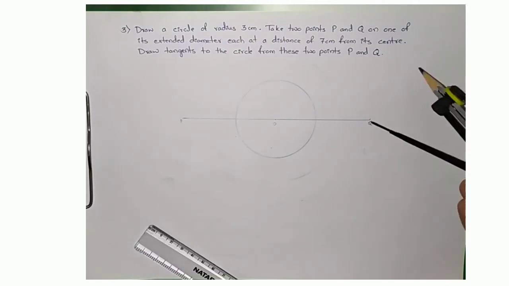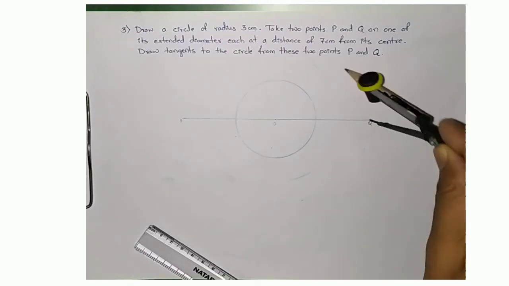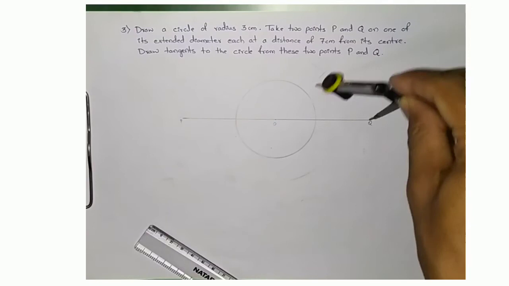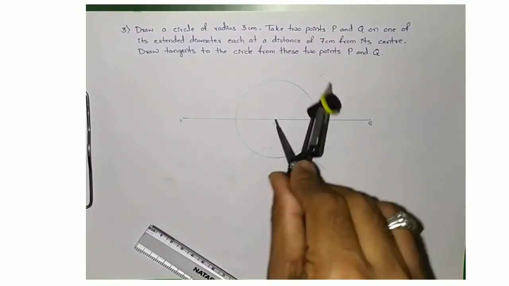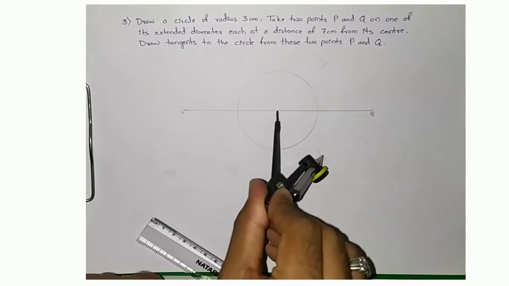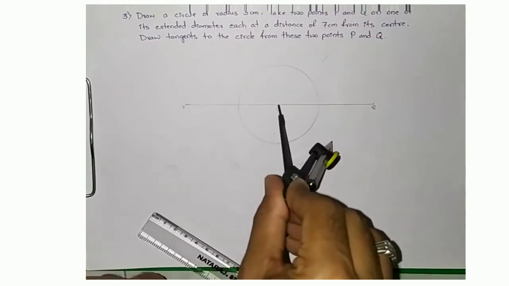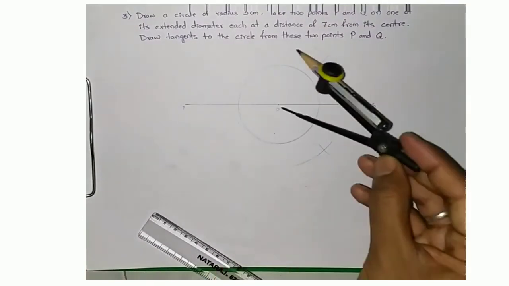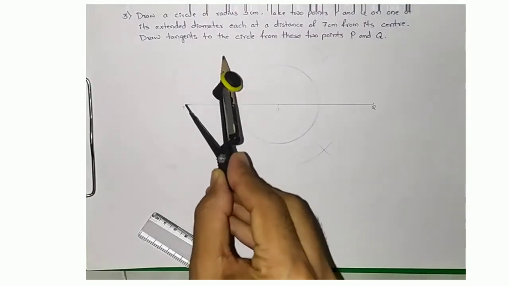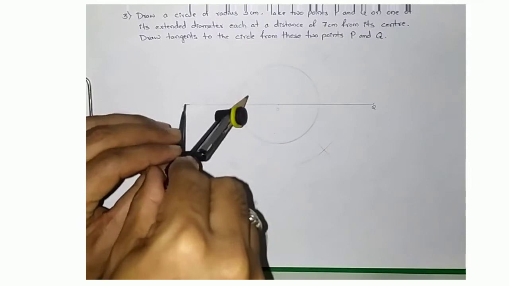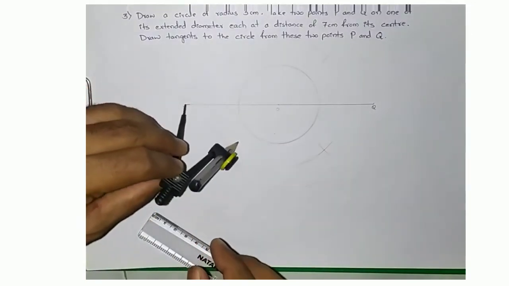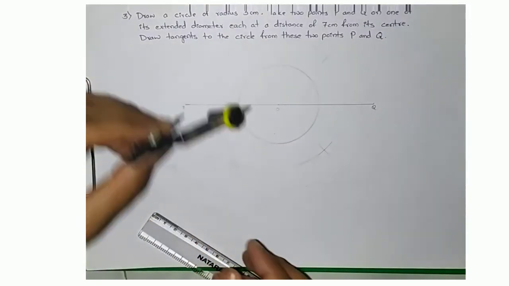Now without changing, from Q cut those earlier arcs until they intersect each other. From P also. See the steps how I am doing.